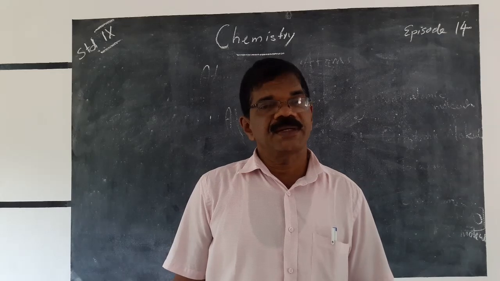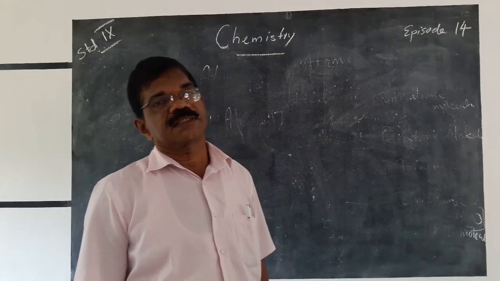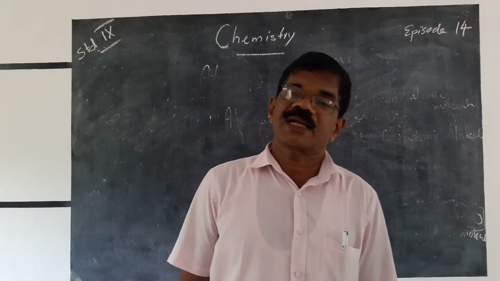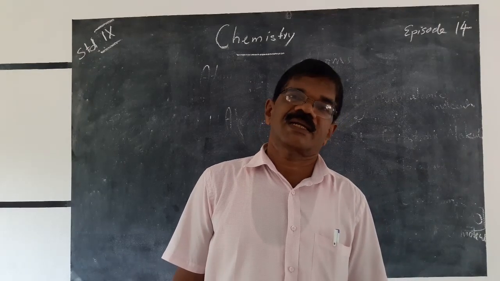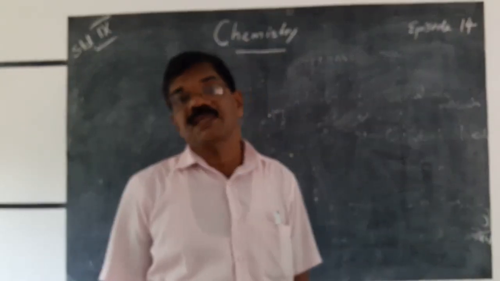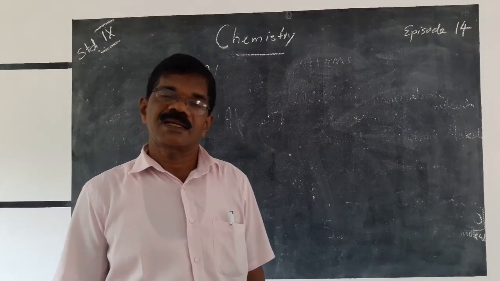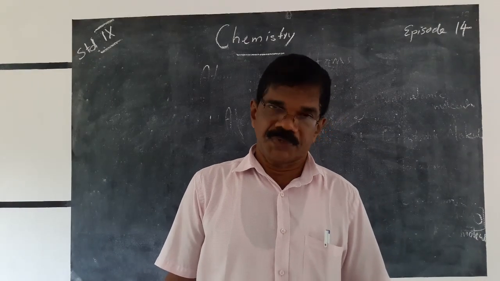Actually, their atomic structure is not a simple one. They are complicated. So, generally, for convenience in writing equations, they are considered as monoatomic molecules. All metals and inert gases are always considered as monoatomic molecules.